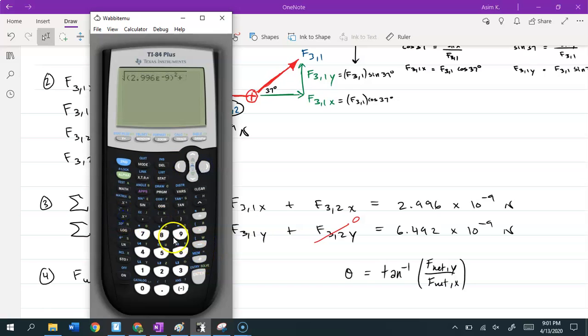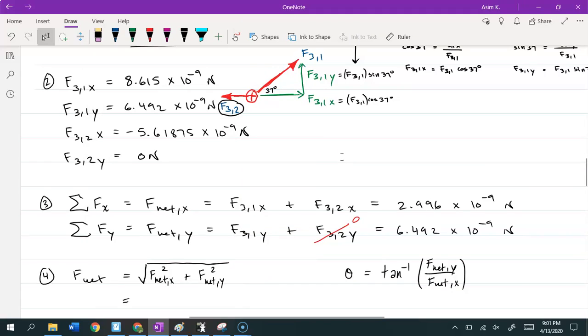And then we want to add 6.492 times 10 to the power of negative 9, and that is also squared. So when you put all that in, you end up with 7.15 times 10 to the power negative 9 newtons.